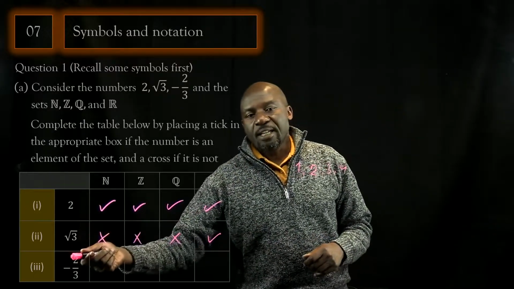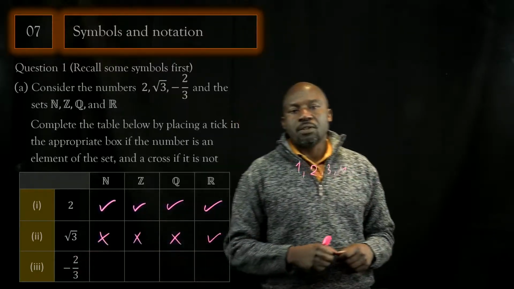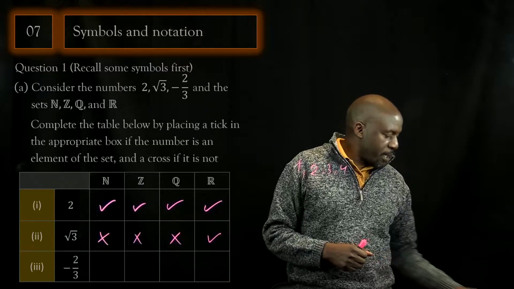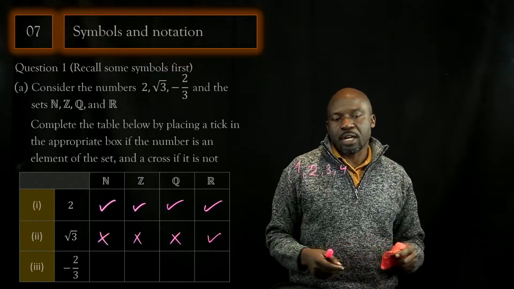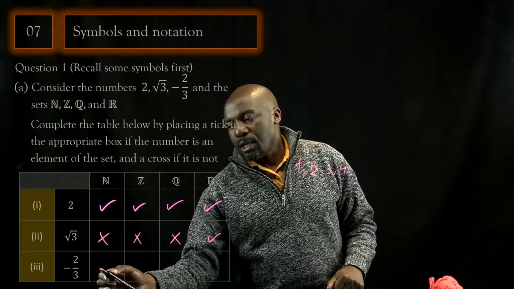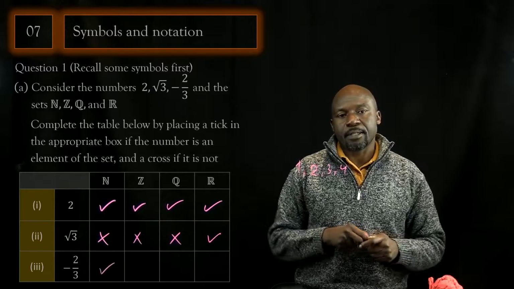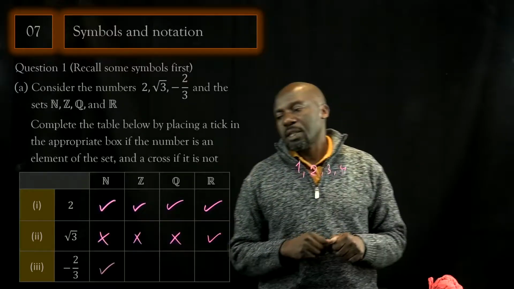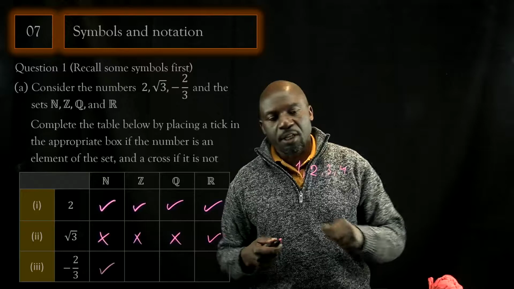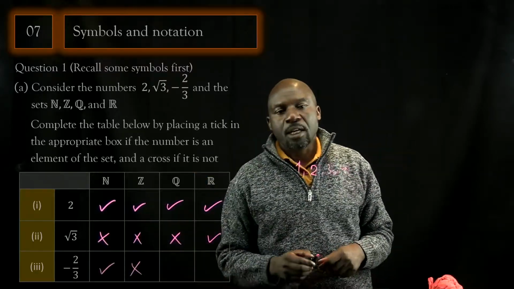So minus is already a flop, and again it is a fraction, 0.666 recurring. That means it cannot be a counting number. So this one flops the natural number status. Is it an integer? Once again, no. We've explained what an integer is, these ones and the negative ones. Okay, so it is not an integer.